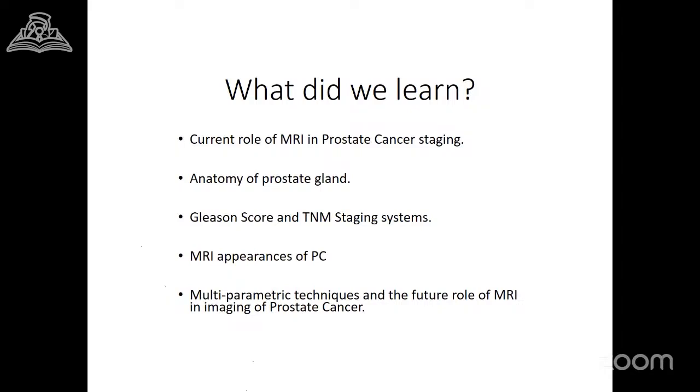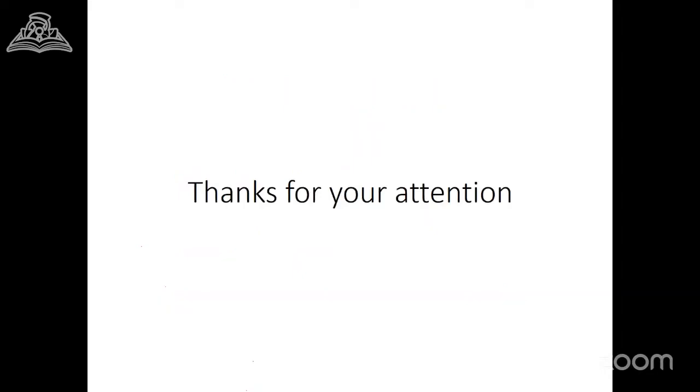We also discussed the typical MRI appearance of prostate cancer and how multiparametric MRI techniques improve detection and characterization. Finally, we highlighted the evolving and future role of MRI in the diagnosis, staging, and management of prostate cancer.